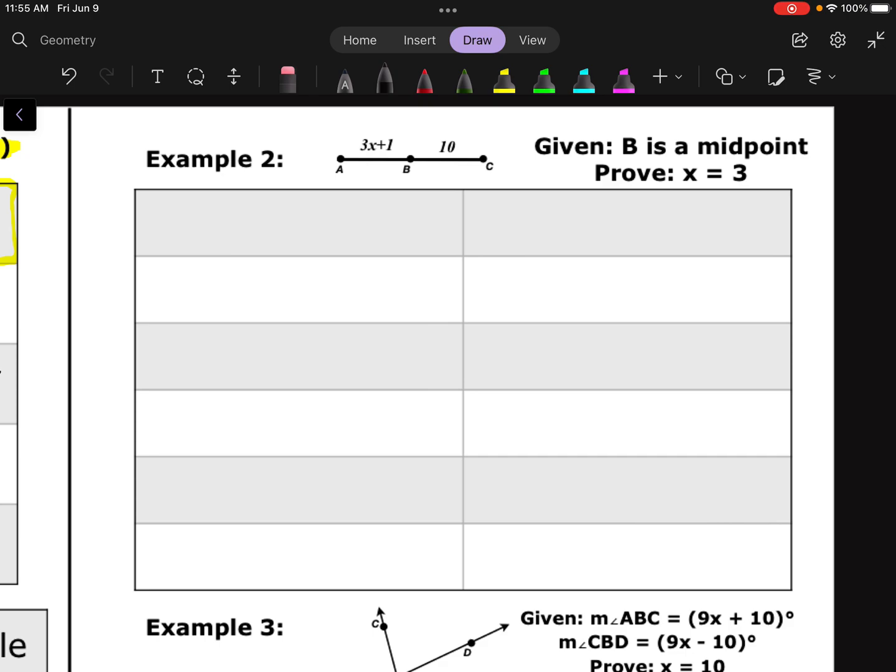Okay, so don't let yourself be overwhelmed so far. We know we need to start with the given. All right, given goes up top. So let's go jot that down. We know that B is a midpoint. Okay, cool. Now we ask ourselves, what does that mean?